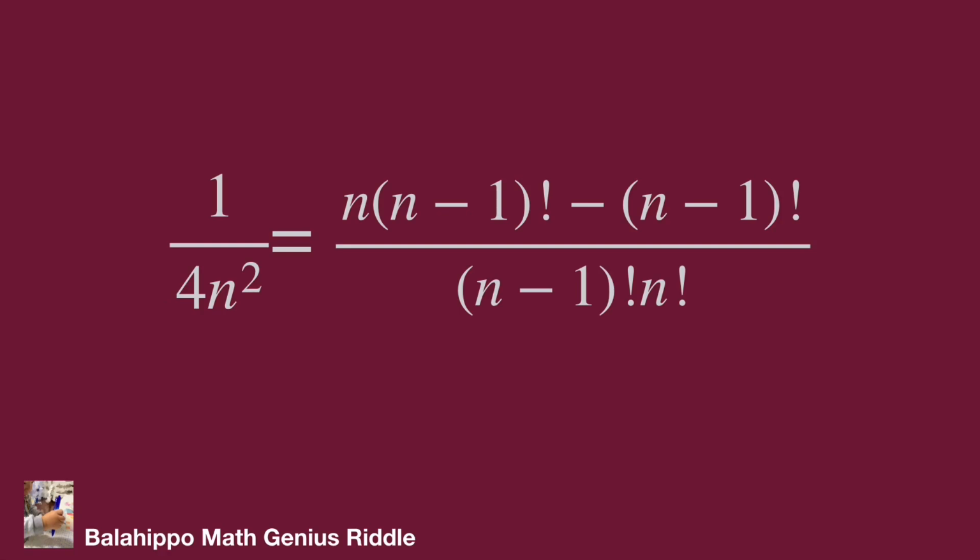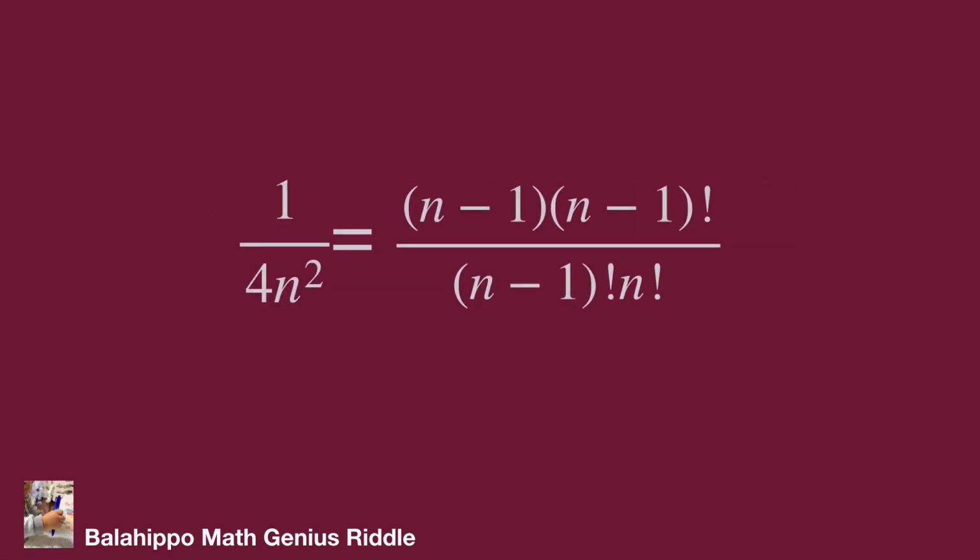Factorize the numerator of the fraction with the factor (n−1)!. It becomes 1/(4n²) equals (n−1) times (n−1)! over ((n−1)! times n!).